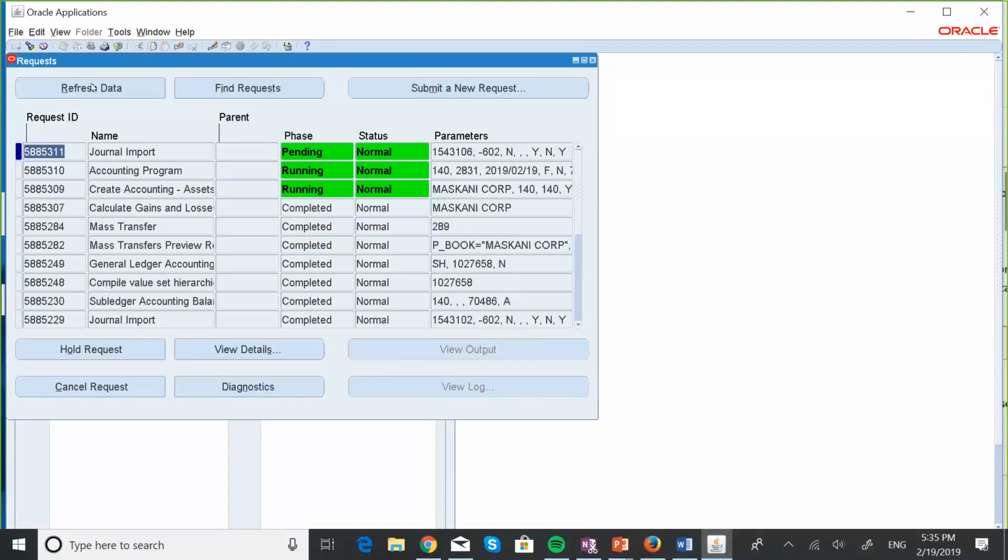So just remember what I said also, that this calculate gains and losses program is launched when you run depreciation. Okay. So if it's the end of the period and you're running depreciation also to close the period, gains and losses will also be calculated for any retirements that may have taken place during the period. So when you create accounting, you will see the entries for that.